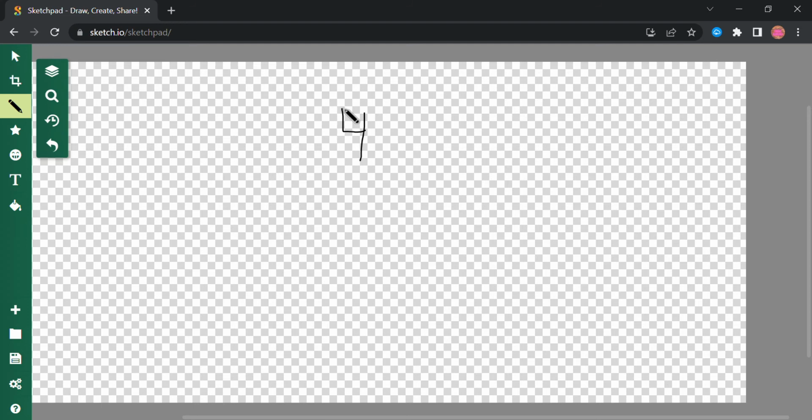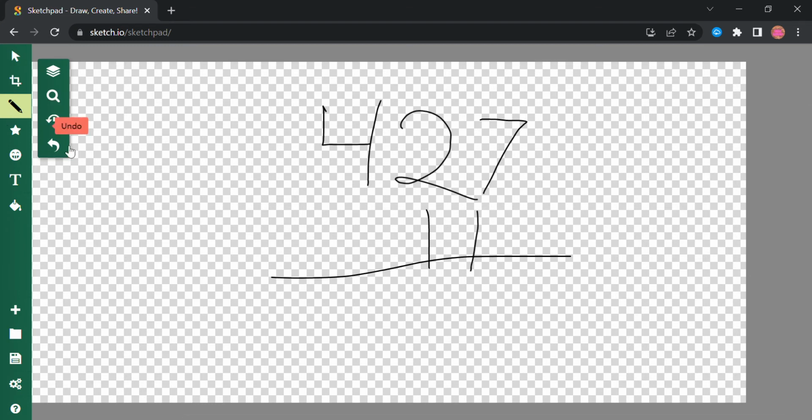4, 2, 7 instead, multiplied by 11, works like this.